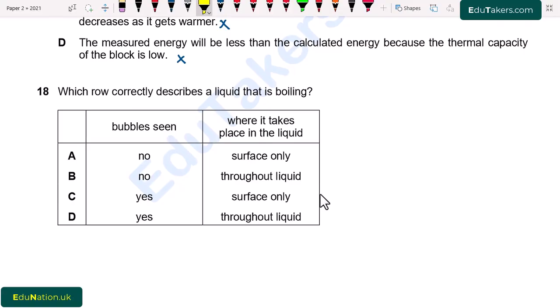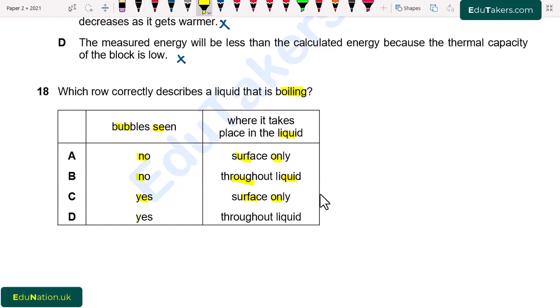Question number 18. Which row correctly describes a liquid that is boiling? So basically there is a process of boiling, where bubbles are seen in the liquid. Option A, no bubbles seen and on the surface only. B, no bubbles seen throughout the liquid.